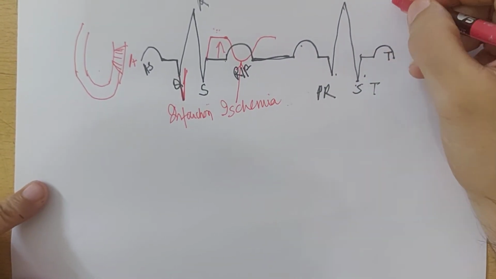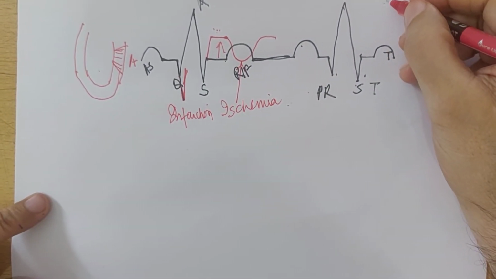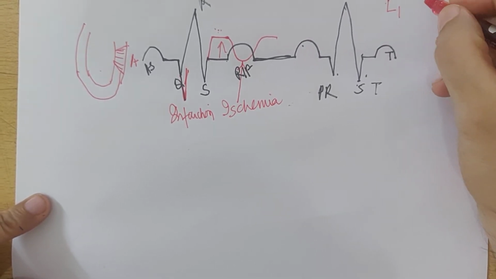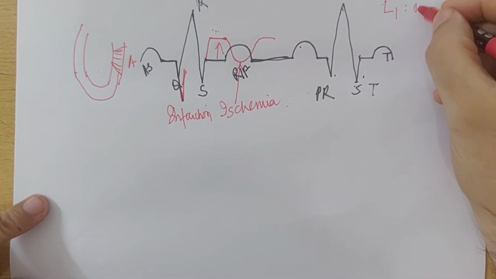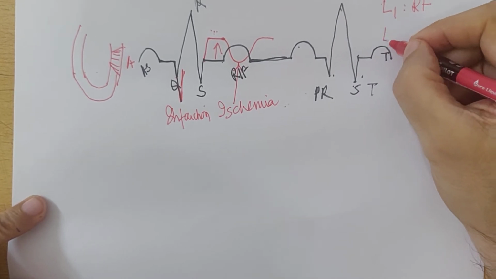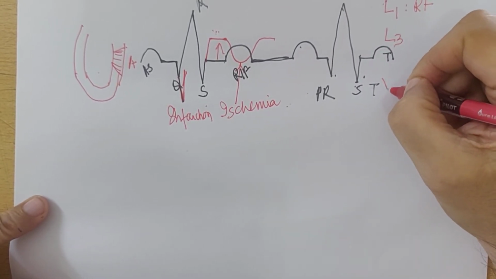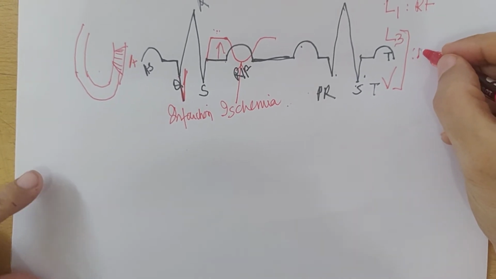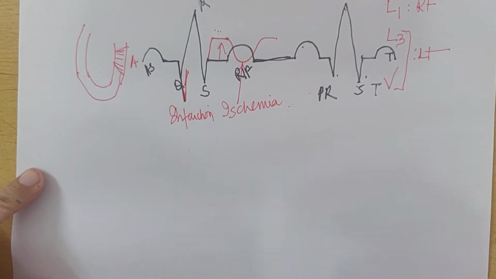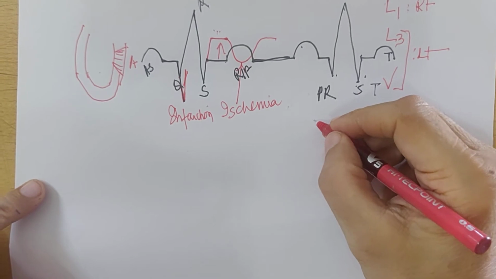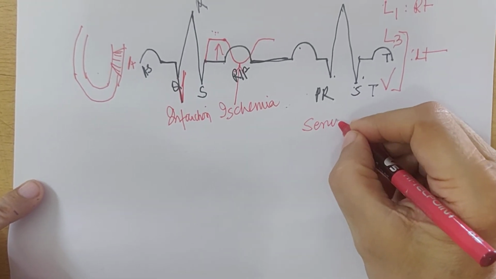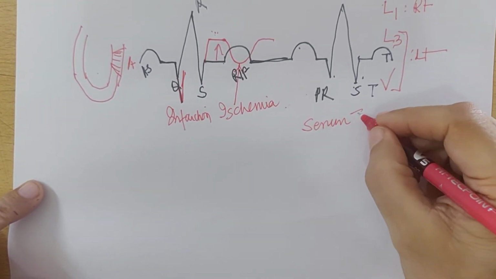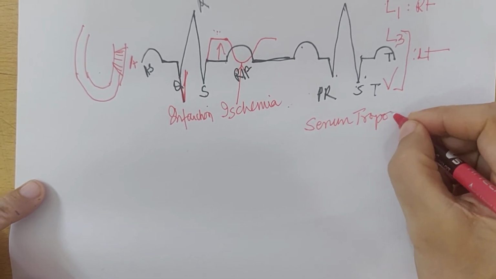Now if it is in L1, then mainly the right side is involved. If it is in L3 or V leads, then it is the left side that is involved. Then one of the enzymes that can be raised in infarction is serum troponin.